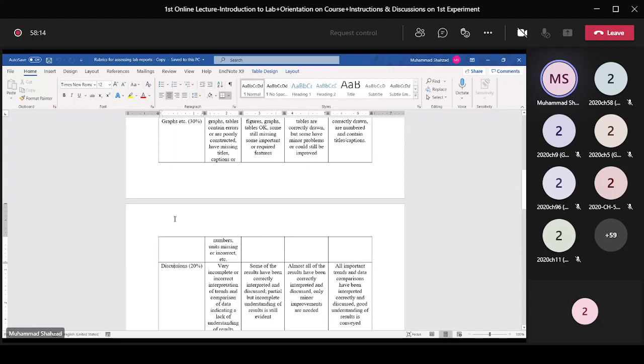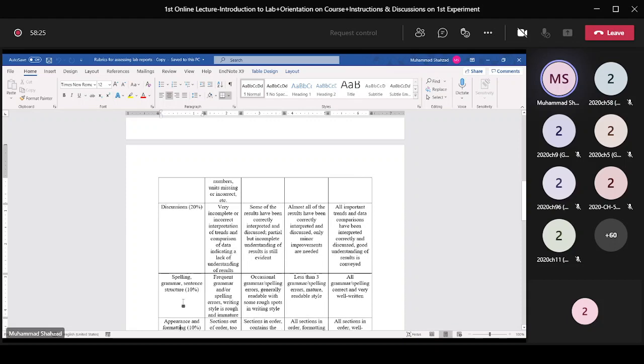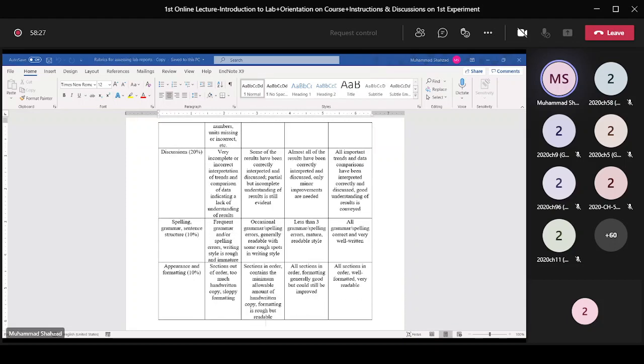Key points of 100, right? So here this percentage may vary, right? Then spelling, grammar, sentence structure, appearance, format, and here I would like to show the assessment of previous students so that you can have an idea how I am going to check your lab reports.